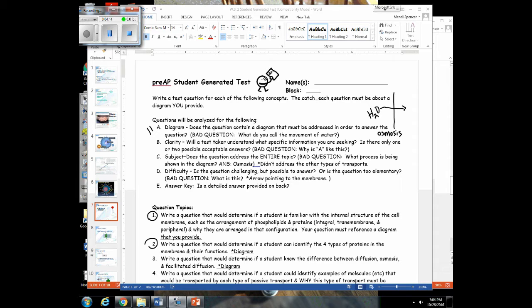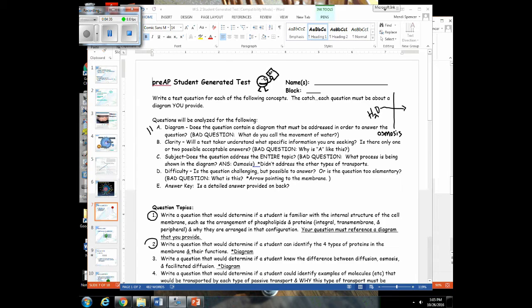And in addition, when you're writing test questions, sometimes it helps if you add color. So in your question, you can say, after analyzing the yellow parts of the diagram, answer the following questions. It can be very helpful if you add color to your diagram as you're writing these test questions.